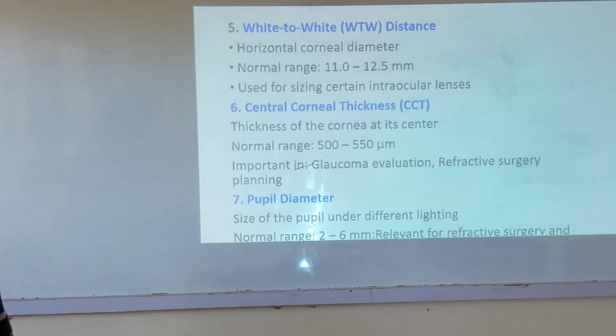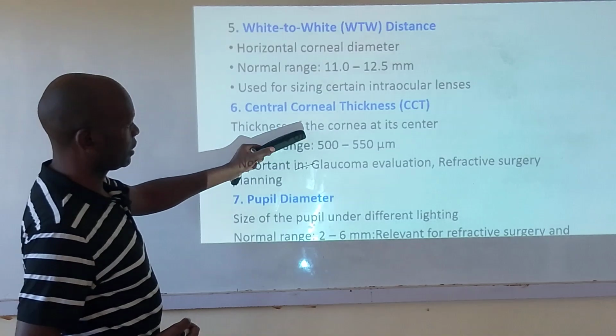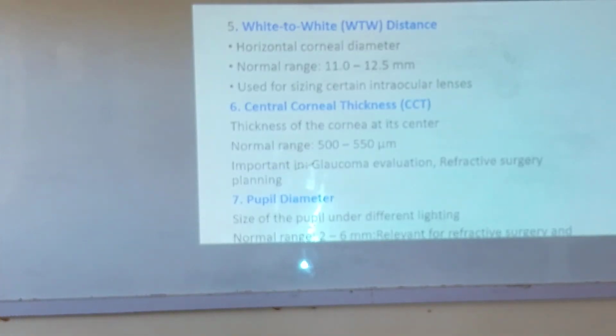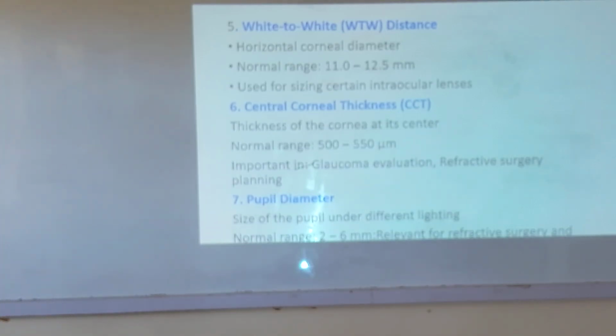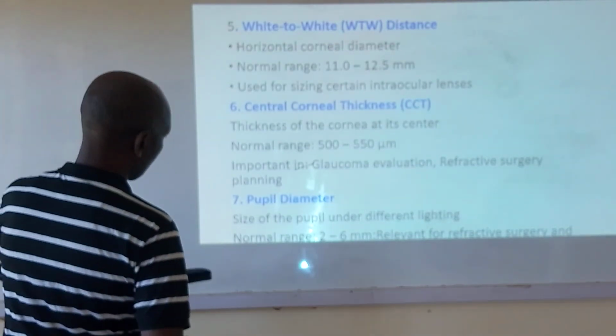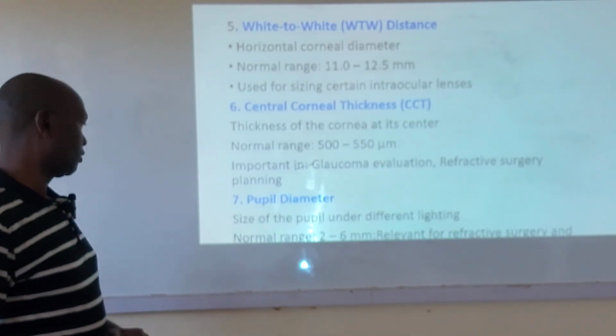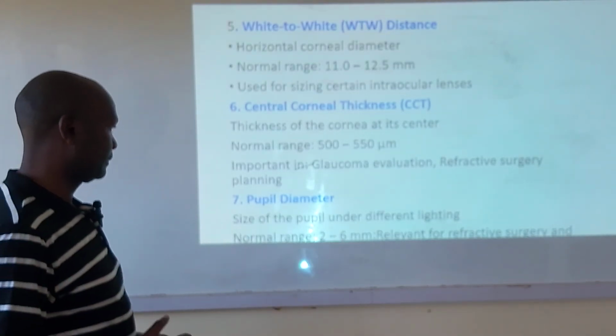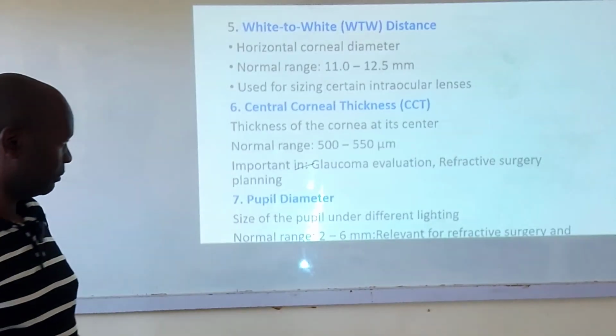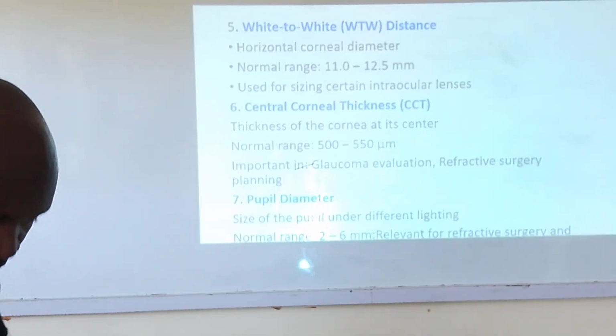That is the importance. So it's important to know the thickness of this cornea before you make some final decisions. Another issue measured is the size of the pupil. The normal range is 2 to 6 millimeters diameter, and it's usually important when it comes to refraction.